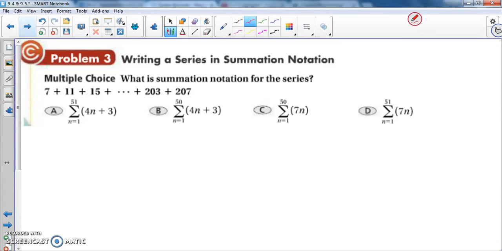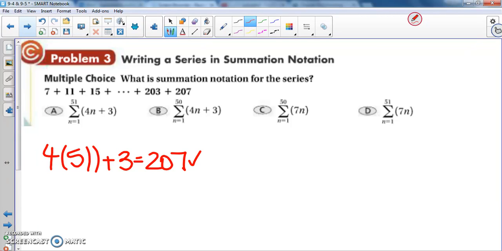Let's double check. If you plug in 1 to your rule, is 4 times 1 plus 3 equal to 7? Yes. And 7 times 1 is equal to 7. So our lower limit works for every choice. We now have to check our upper limit. Check 51. Is 4 times 51 plus 3 equal to 207?